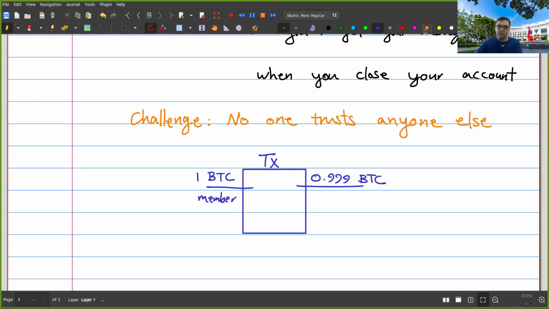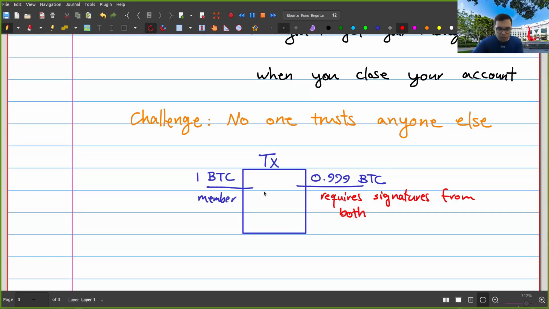Now, here's what I would say for the conditions to spend this output. I say that it requires the signatures from both parties.